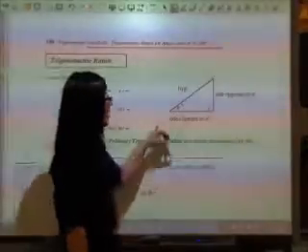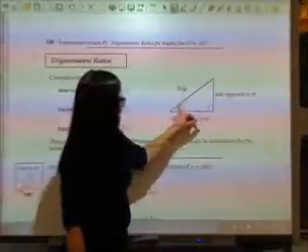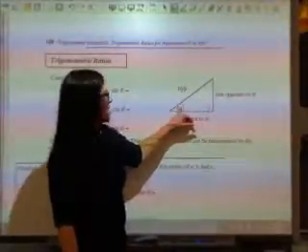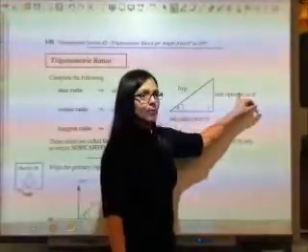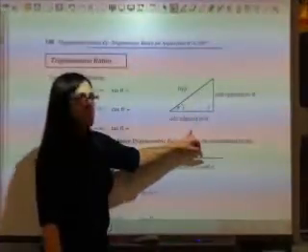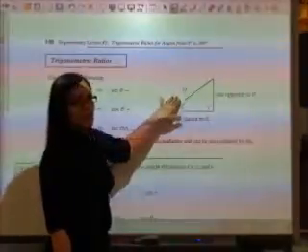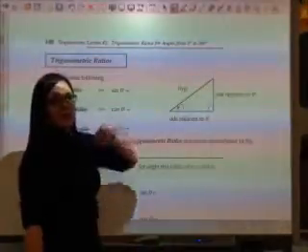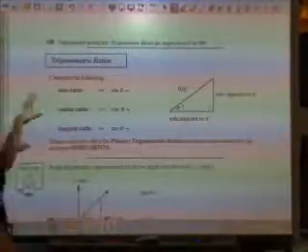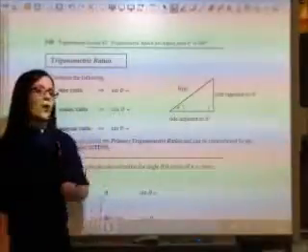This is from last year. If I have an angle theta, in relation to that angle, we call this the opposite side. This one is the adjacent side, adjacent being next to, and then my hypotenuse is always the longest side. In terms of those values, my sine ratio is equal to what?